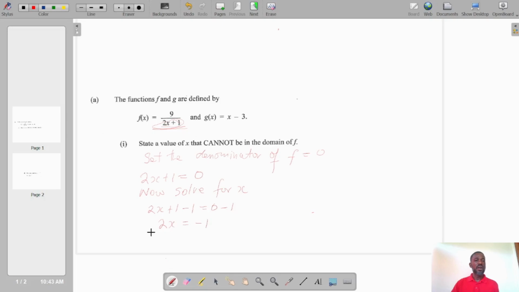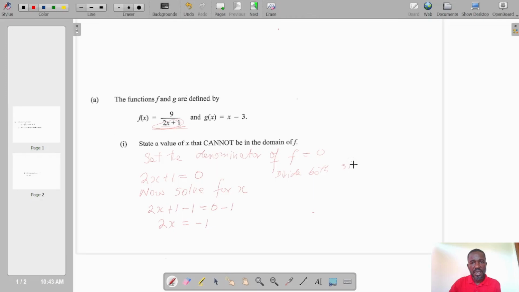We have not found the value of x yet. Since we have 2x equal to negative 1 and this 2 is multiplying the x, we are going to divide both sides by 2.